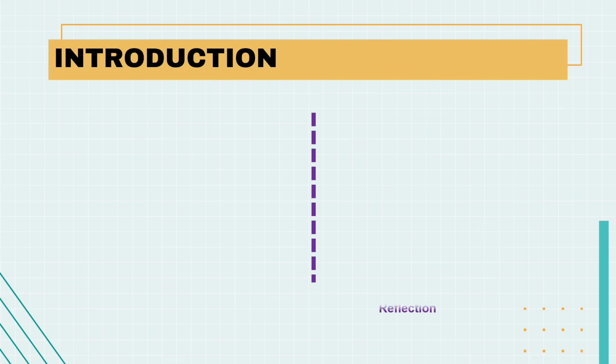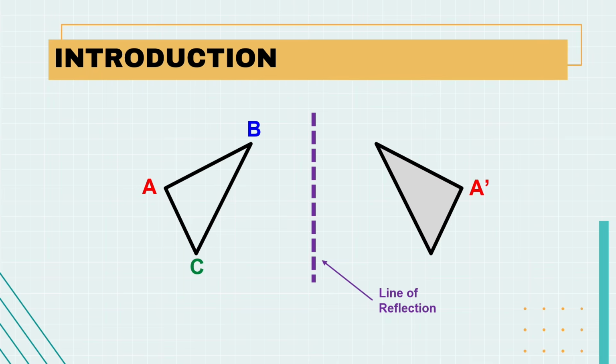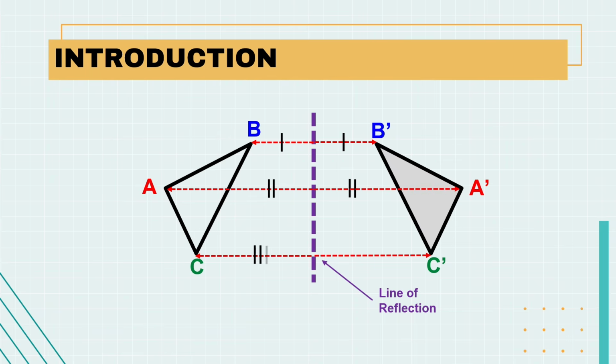Now let us look at this triangle. We have triangle ABC on one side of the line of reflection. After reflection, we get triangle A prime, B prime, C prime on the other side. Point A corresponds to A prime. Point B corresponds to B prime, and point C corresponds to C prime. Notice that the triangle did not become bigger or smaller.